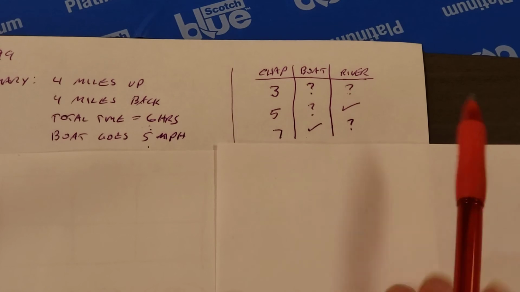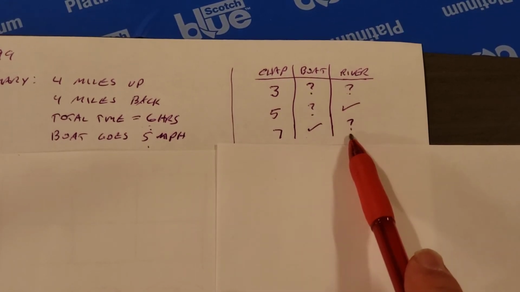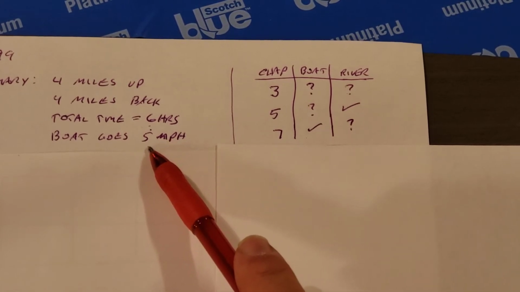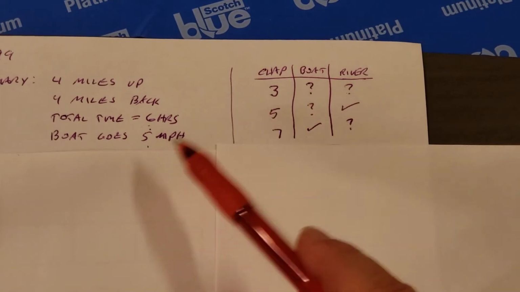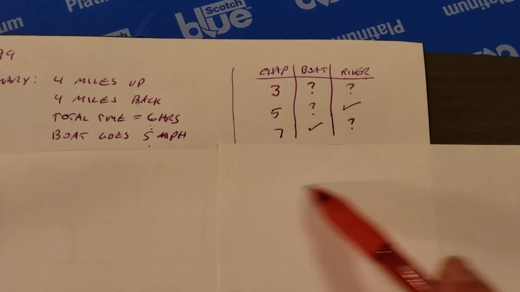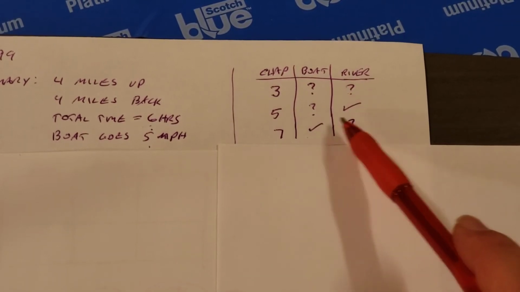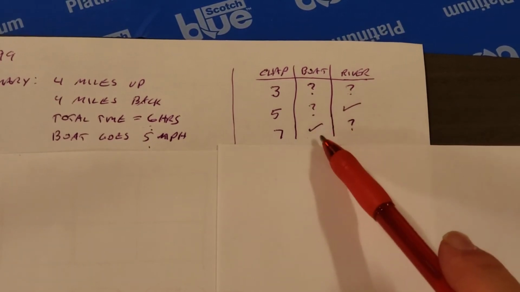And here we are in chapter 7, where we know the speed of the boat, but we don't know the speed of the river. In other words, look at what I've given here. The boat goes 5 miles per hour, but I don't know the speed of the river. In fact, it says find the speed of the current on the problem itself. So you're never really at a loss for what you're looking for. The problem will tell you that, but I just think it's interesting.